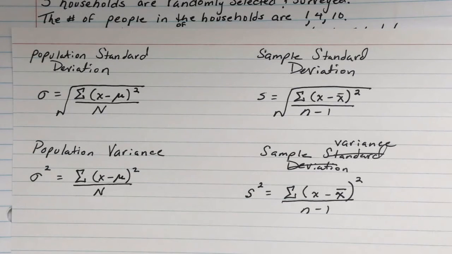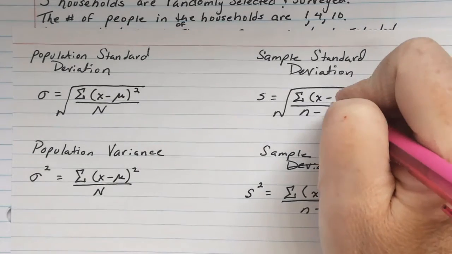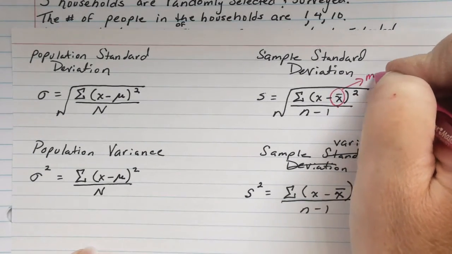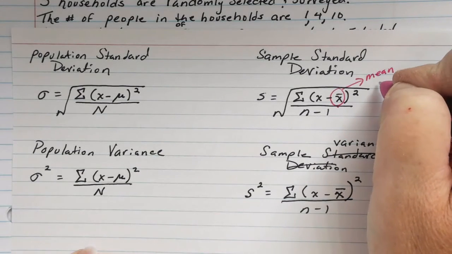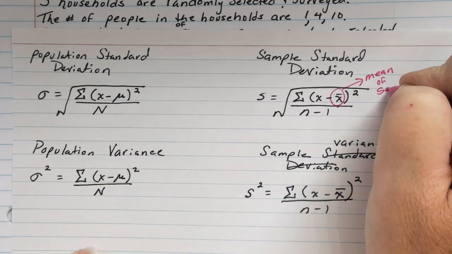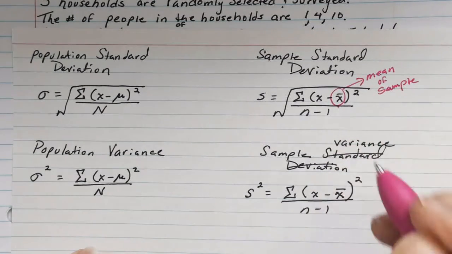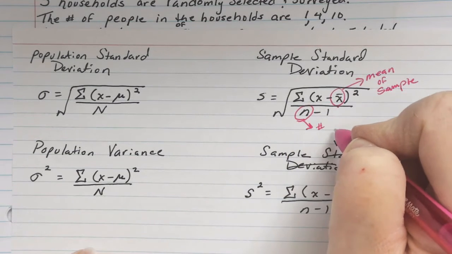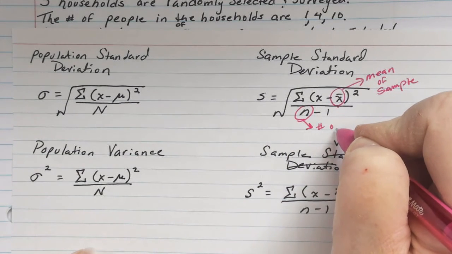Let's go over and make sure we know what these values are. Remember, x bar is the mean. X bar represents the mean of the sample. And n is the sample size.